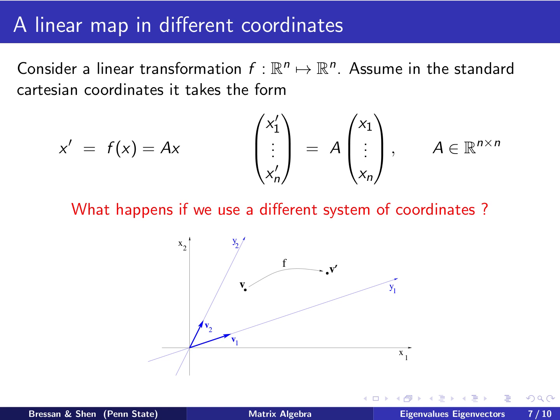So the next question will be what happens if we use a different system of coordinates? So in x1 and x2, the normal basis, we have this transformation f takes a point v and transforms it to another point v prime. And now let's take a different system. Let's call the new basis v1 and v2 as shown here. So how does this transformation look like in that new coordinate system?